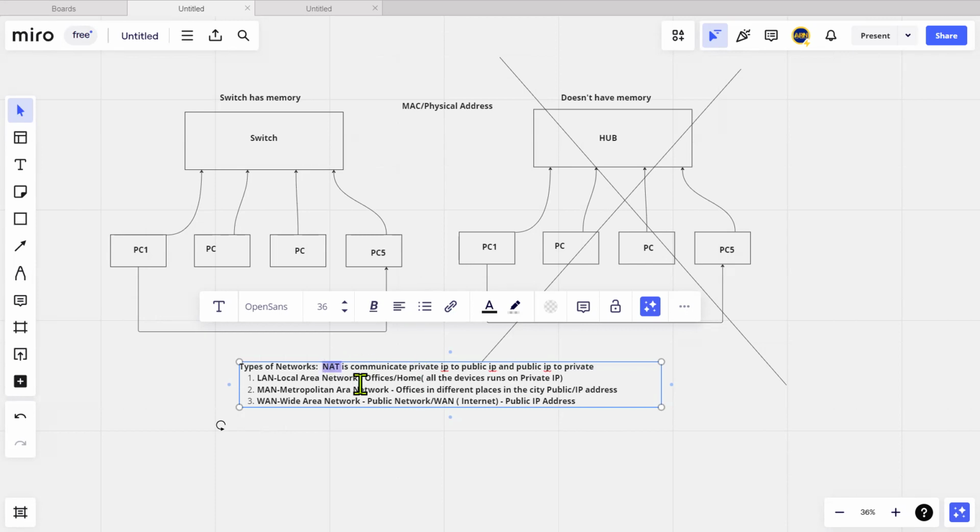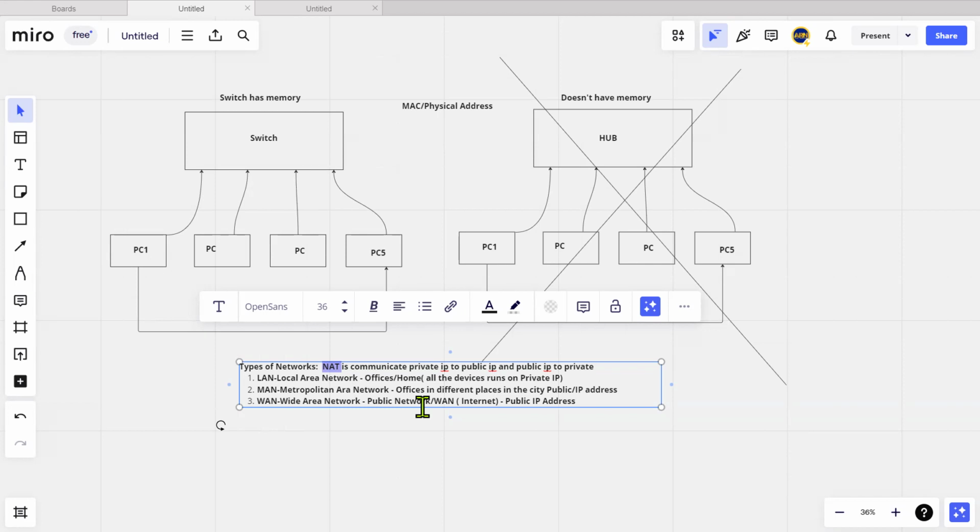This is called a network address translator. It translates from public IP to private IP and private IP to public IP. Vice versa, it will translate. Hence, we are getting the internet.